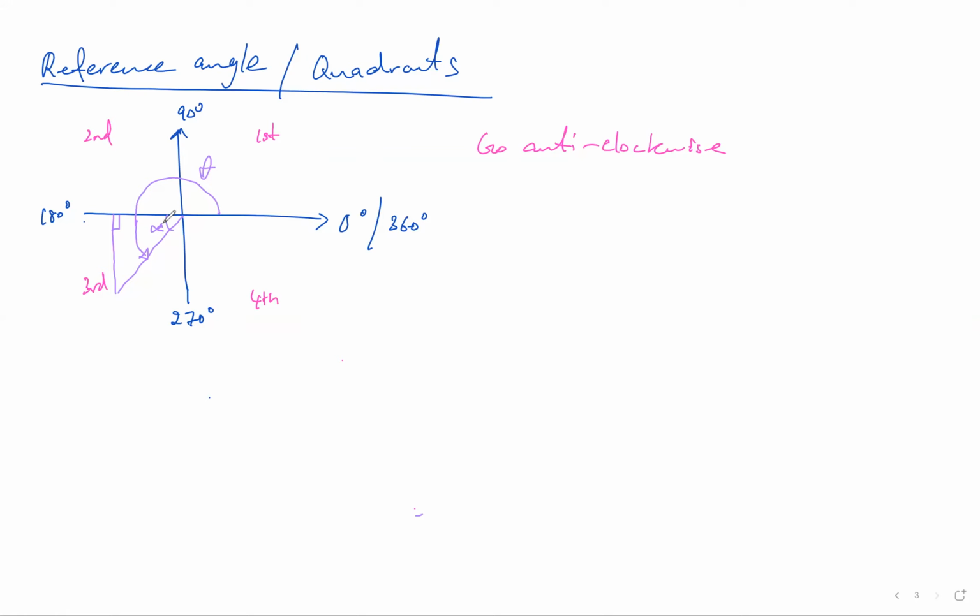If it's fourth quadrant, it's all the way until here. This is your theta. This is your alpha. So you must know how to draw your triangle first. That's the most important part.